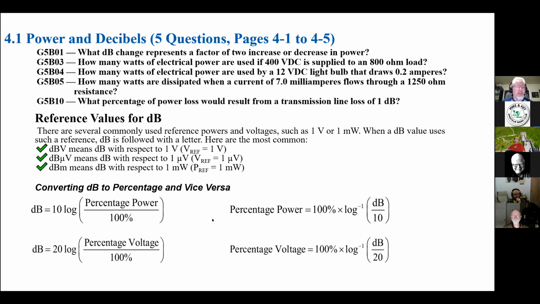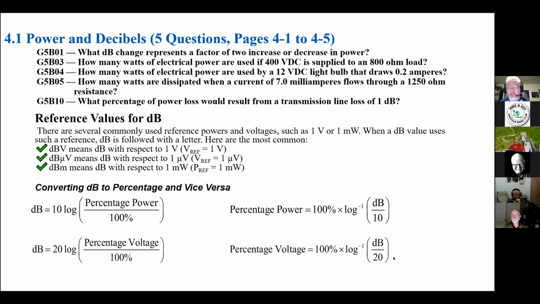And then I've added in the formulas for converting dB to percentage and vice versa. For power, dB equals 10 log of the percent of power divided by 100. If you're trying to solve for percentage of power, you take 100% times the log of dB divided by 10.